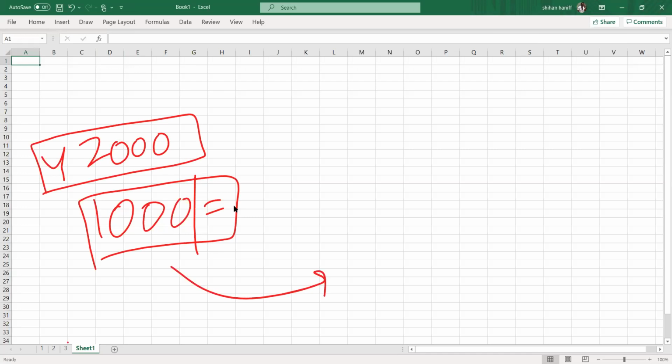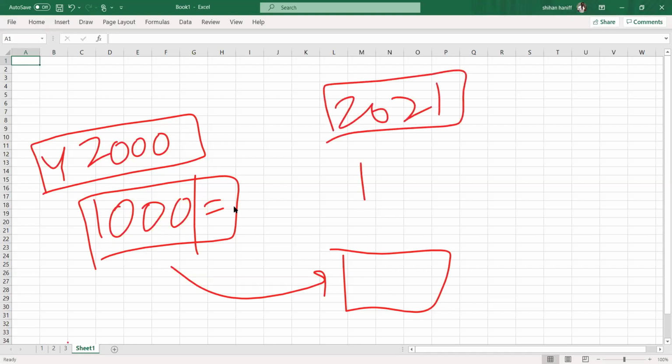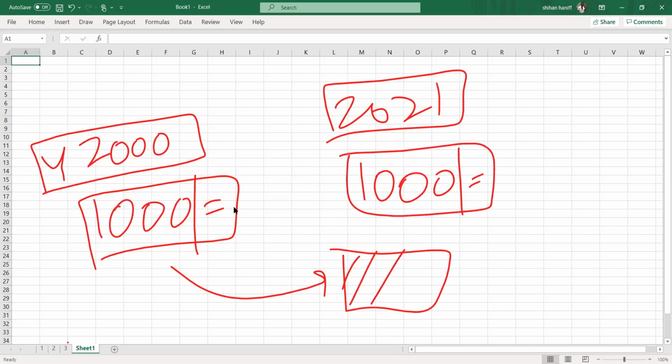So he goes to the supermarket and buys some goods. In 2021, he goes with the same 1,000. Can he buy the same goods? Yes or no? No. So it never happens. Why?